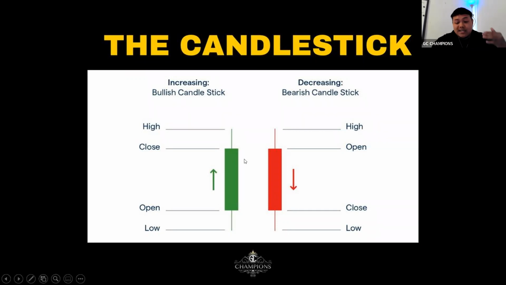On the top is the highest price the candlestick has gone up to, and on the bottom is the lowest. Same thing. But on the rectangle part, it's way different. On the bullish candlestick, the top is where it closed. But on the bearish candlestick, that is where it opened, because as you know, a red candlestick means it's going down. Green going up. On the bearish candlestick, the bottom part is where it closed.